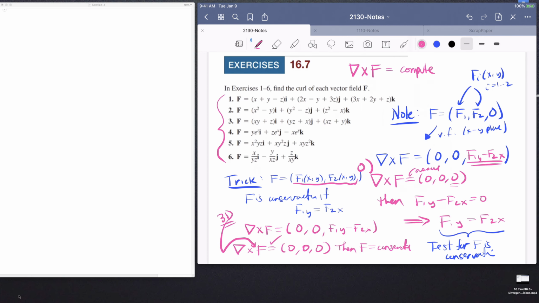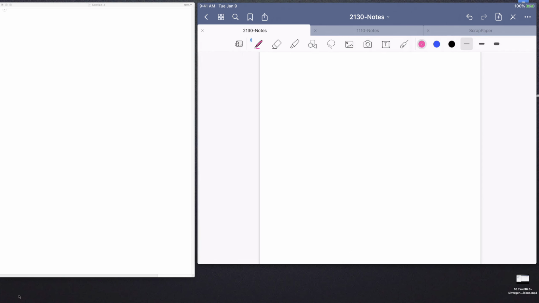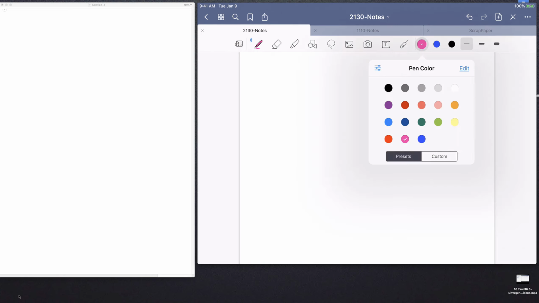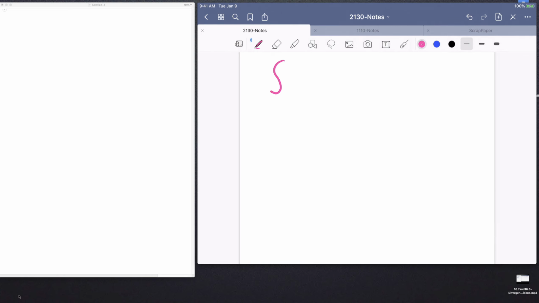Okay, so one thing that we can say here is that if we have a line integral along some curve of f dotted with dr, here's our line integral of a vector function, we know that this is the integral from t equals a to t equals b of the vector field along the curve dotted with r prime of t dt.